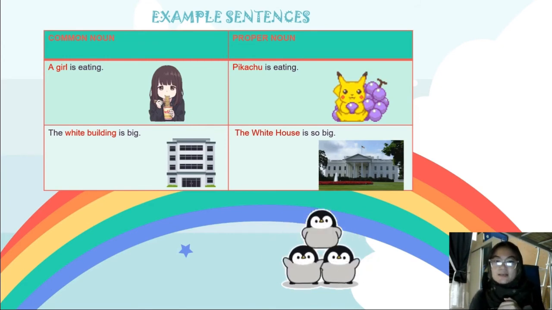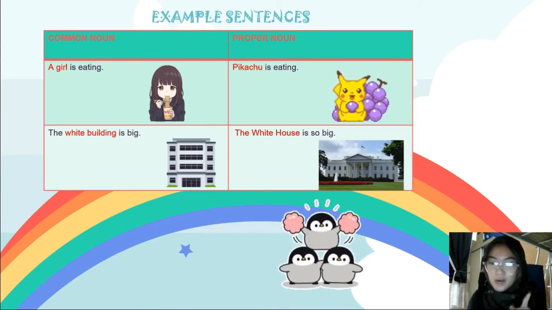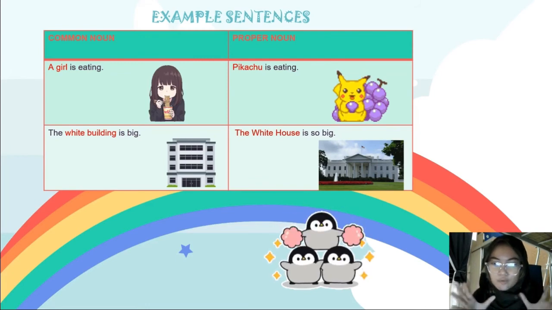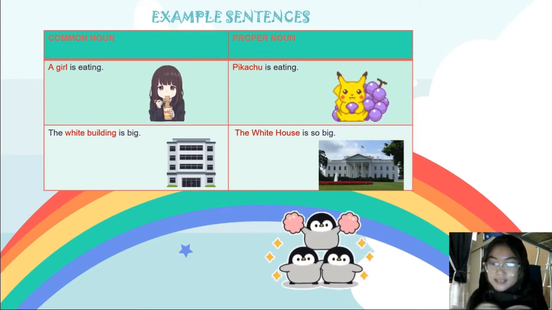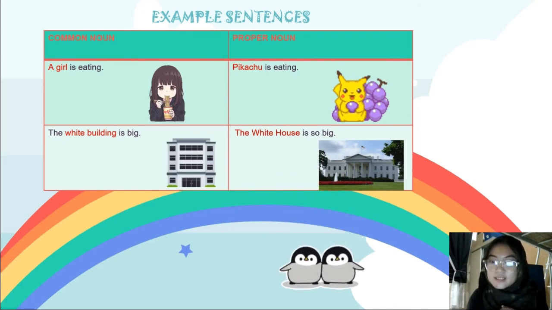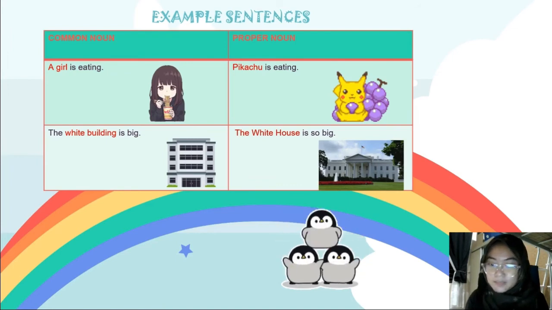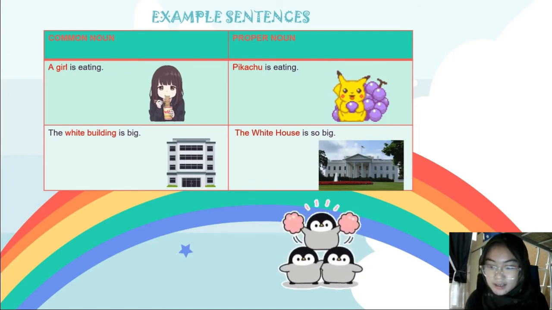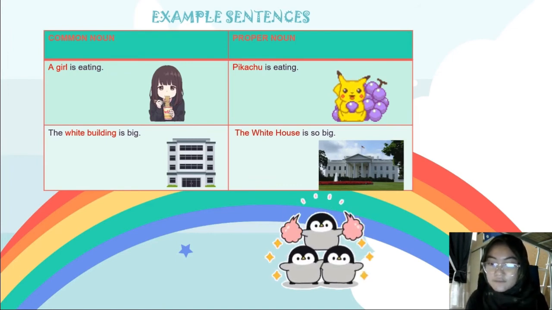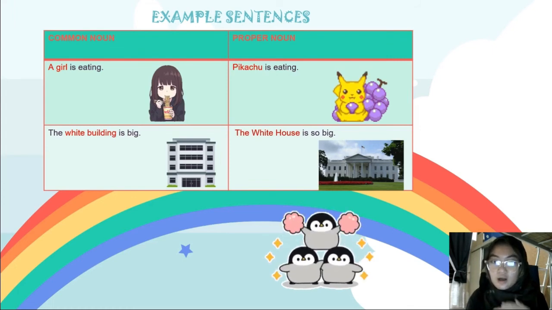Let's move on to the last example of the day, okay? Now, the last example for proper noun is: the White House is so big. The White House is so big. The proper noun here is the White House because the White House is used as an official administration building in the United States of America. I'm sure some of you would know what the function of the White House is.